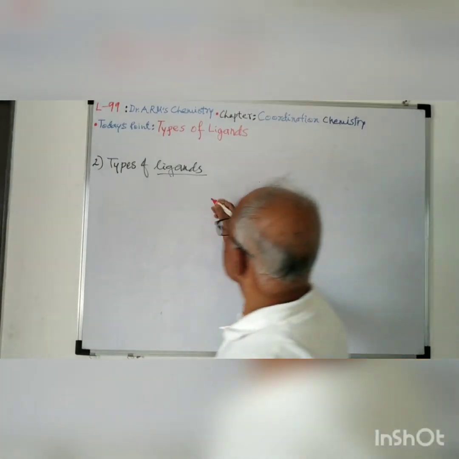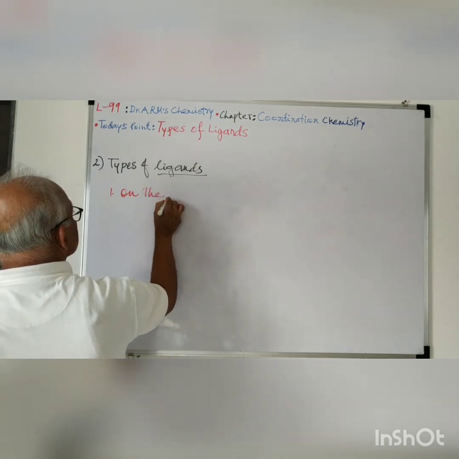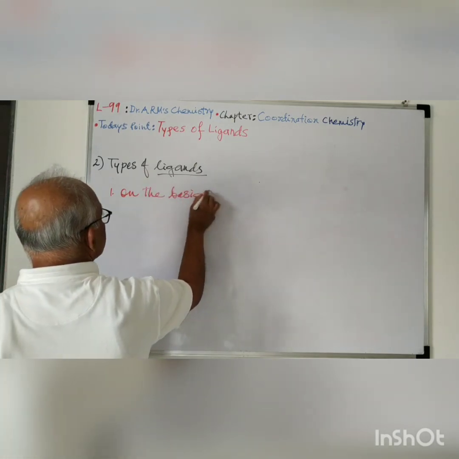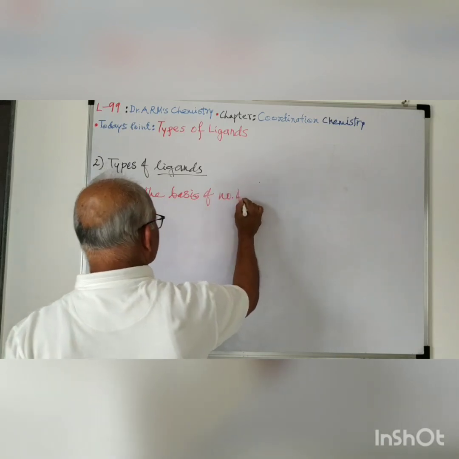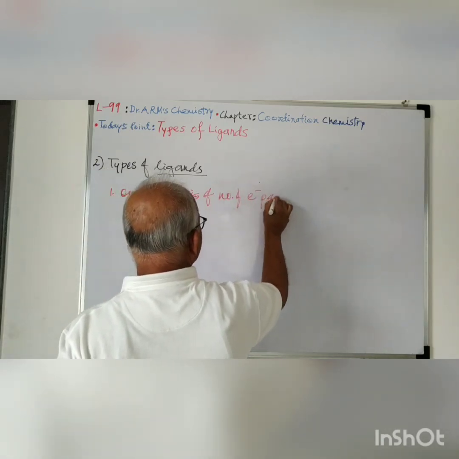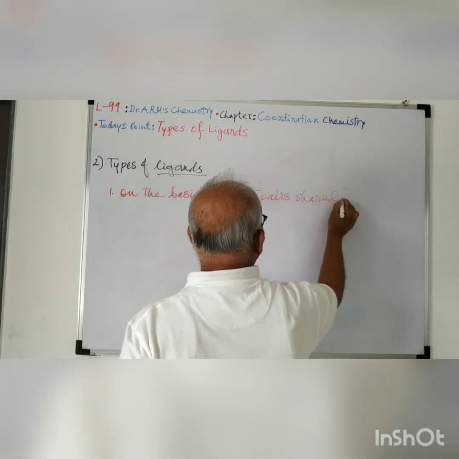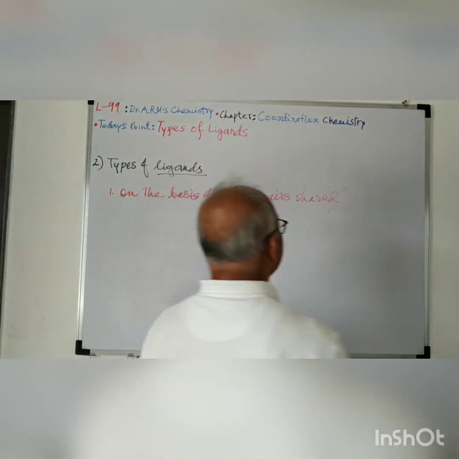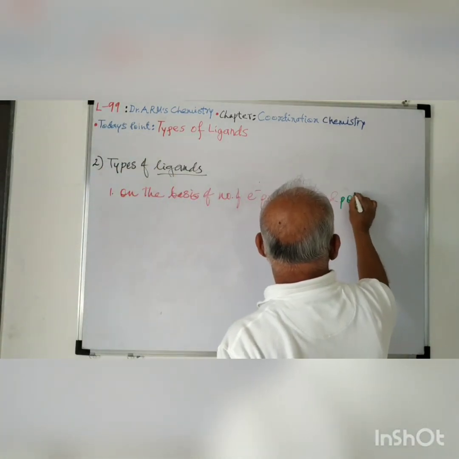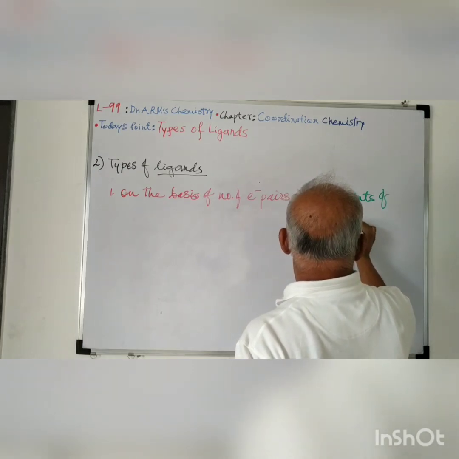So the first type is on the basis of the number of electron pairs shared, or in other words, points of attachment.